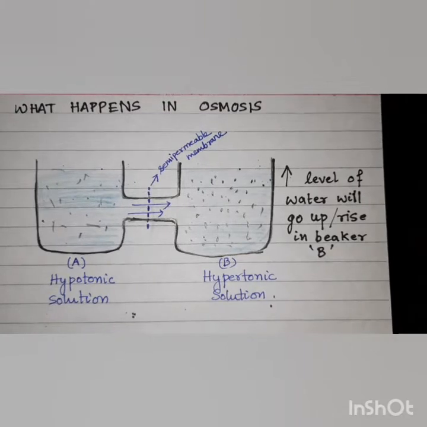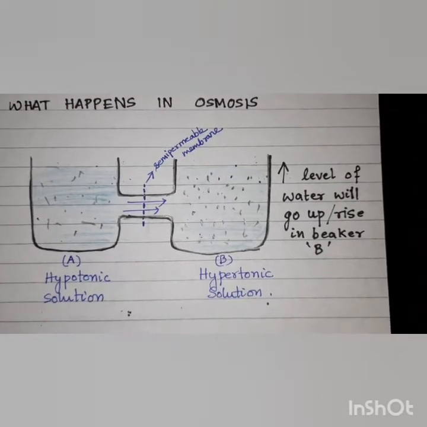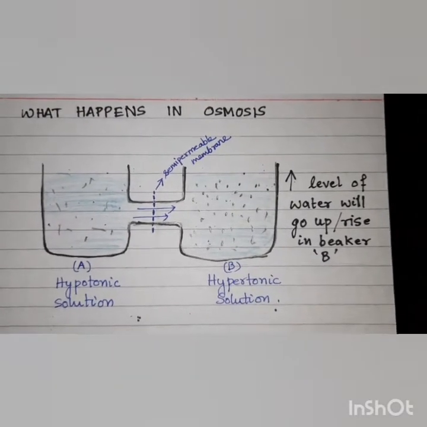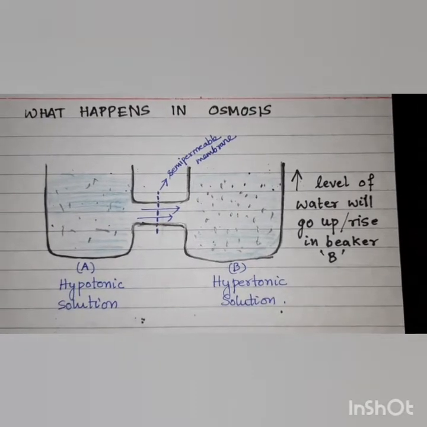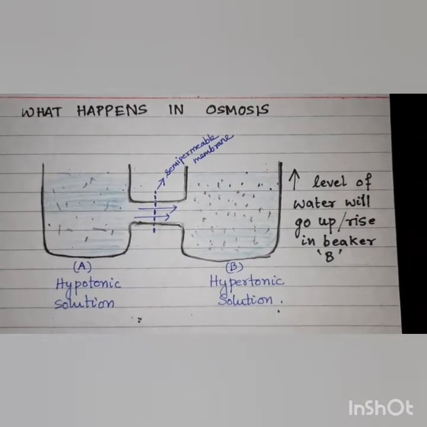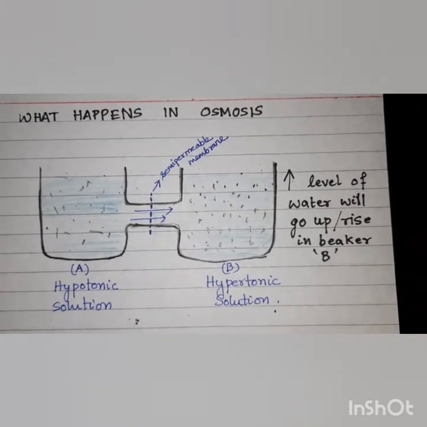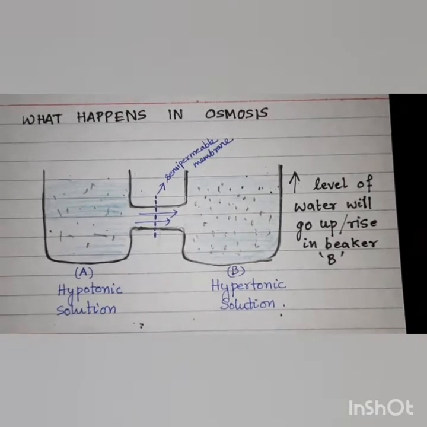Now this movement of water across the semi-permeable membrane from A to B has taken place by the process of osmosis. The movement of water particles from A to B will continue till the concentration of solution in beaker B becomes the same.